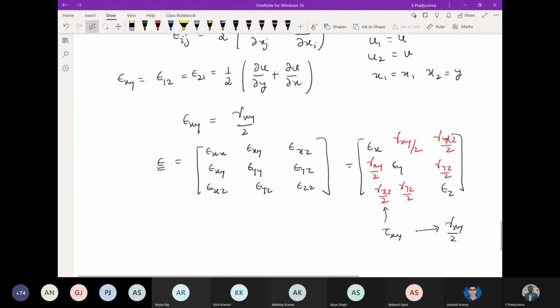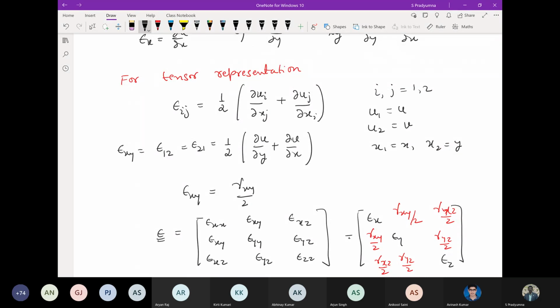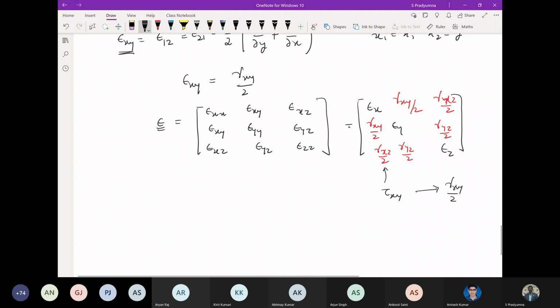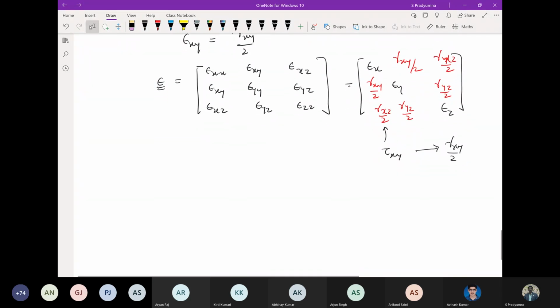But the problem remains the same. The only thing is the tensorial shear strain epsilon xy is actually gamma xy by 2, nothing else. But the equation for gamma xy doesn't change. In some places we have to be careful.